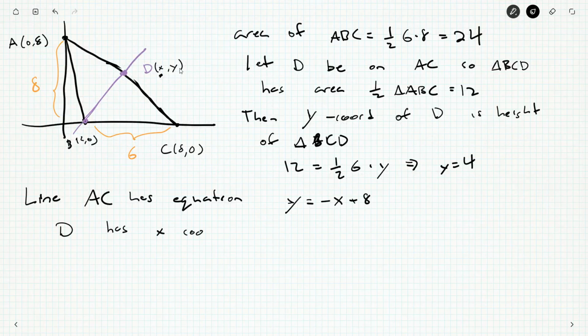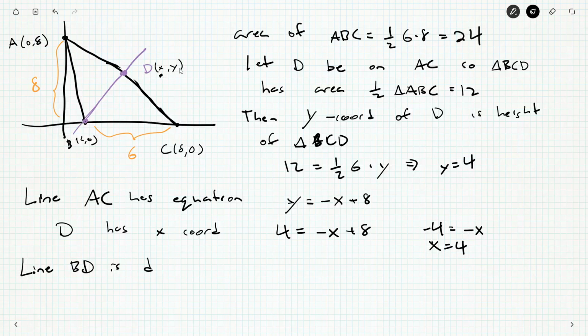So D has y coordinate 4, so 4 equals negative x plus 8. So negative 4 is equal to negative x, and x is going to be equal to 4. So D is 4, 4. Now line BD is our desired line, and this one I probably would do some slope work for. D is at 4, 4, so rise over run is going to be 4 over 2.